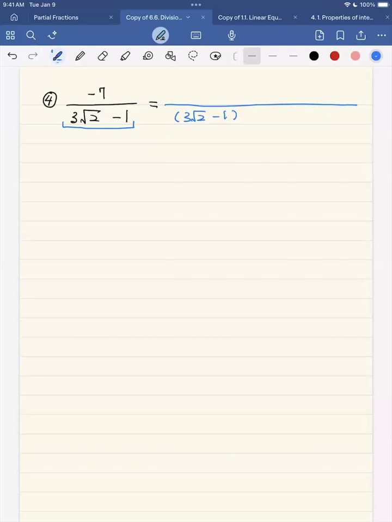In that case, we will multiply by its conjugate. That means the connecting part changes the sign. It was minus, so we will write plus. So numerator and denominator will have 3 square root of 2 plus 1. And minus 7 is here.